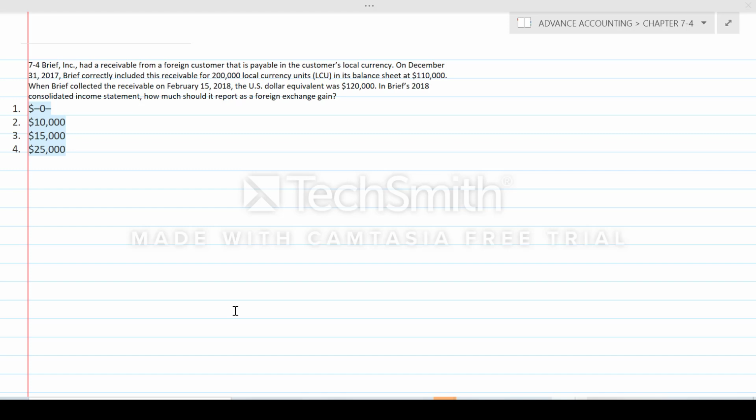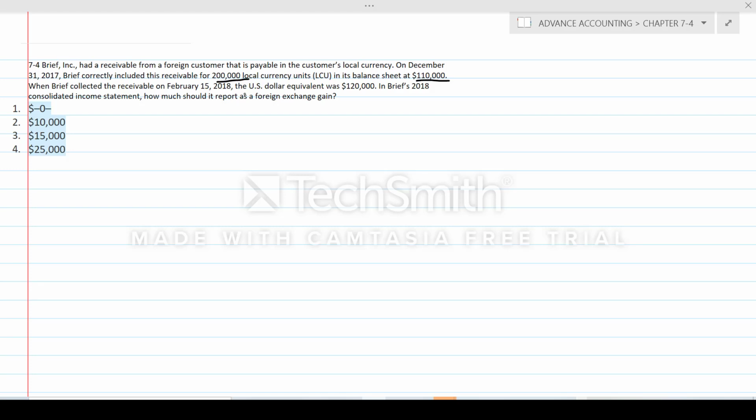So first we want to identify our data. On December 31st, Brief correctly included this receivable for 200,000 local currency units and reported it on the balance sheet at $110,000.